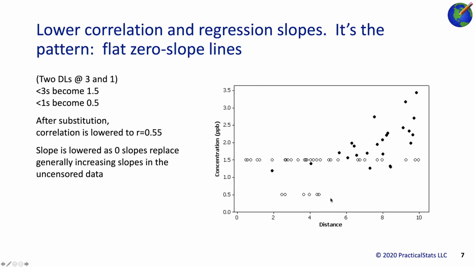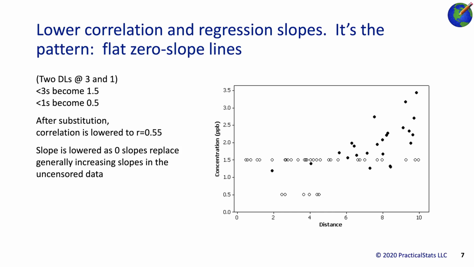So I've repeated the figure here just to show you, as far as particularly for correlation and regression, what you have done is to put in a nice flat zero slope line with a little bit of another line down here which also has a zero slope. So what has happened, Pearson's R decreases to 0.55.